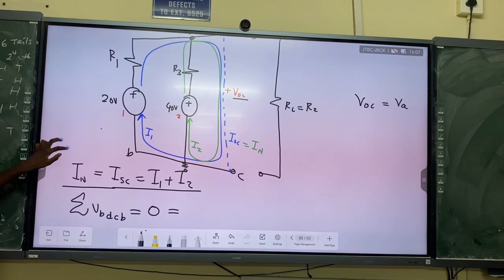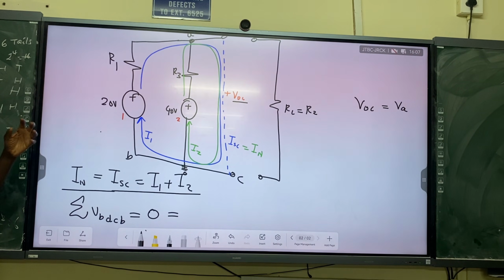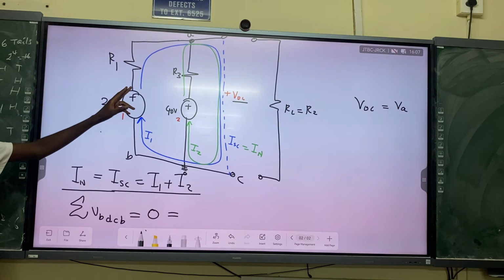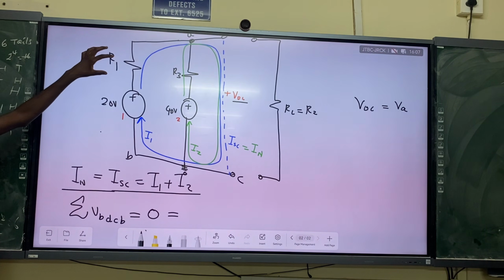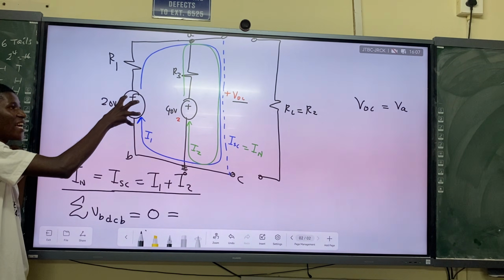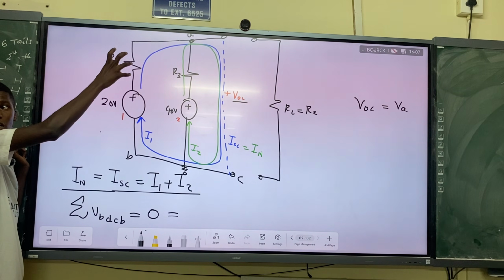Let's look at which components that have voltage we have on this loop with the blue current. The 20 volts is positive, and R1 is negative, because there we were having a voltage gain, here we're having a voltage loss.